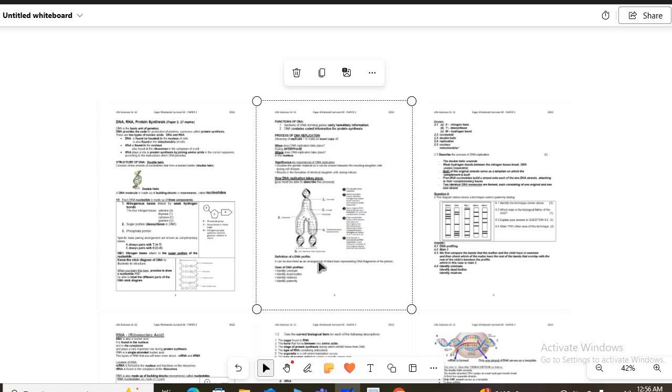A weak hydrogen bond joins the nitrogenous bases, while a peptide bond joins amino acids. So it's two different things: weak hydrogen bonds for nitrogenous bases, and peptide bonds for the amino acids.